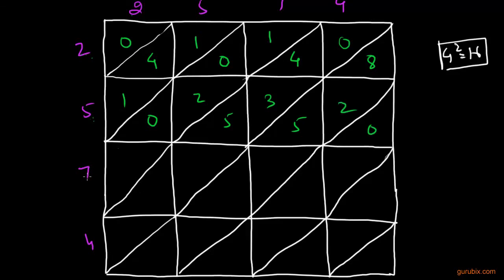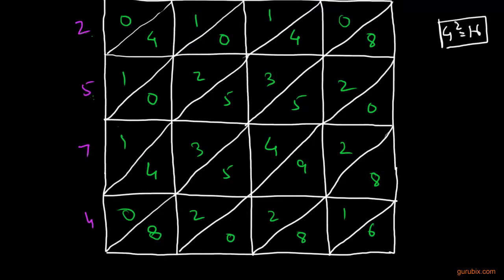And now we shall multiply by 7: 7 twos are 14, 7 fives are 35, 7 sevens are 49, 7 fours are 28. Now we shall multiply by 4: 4 twos are 8, 8 can be written like this. 4 fives are 20, 4 sevens are 28, 4 fours are 16.